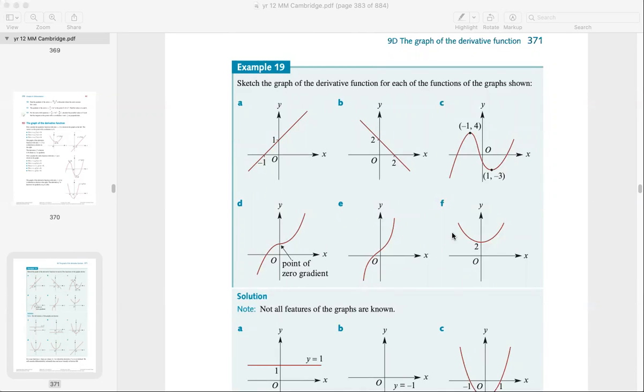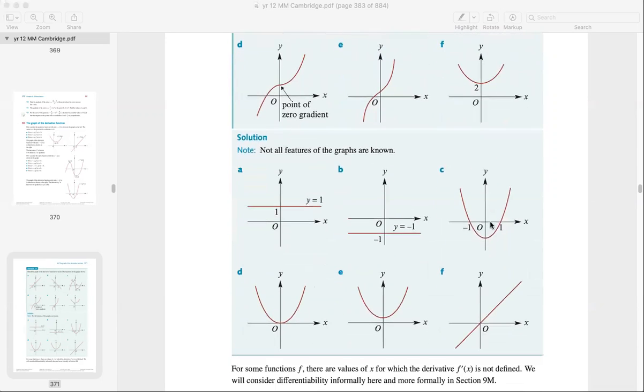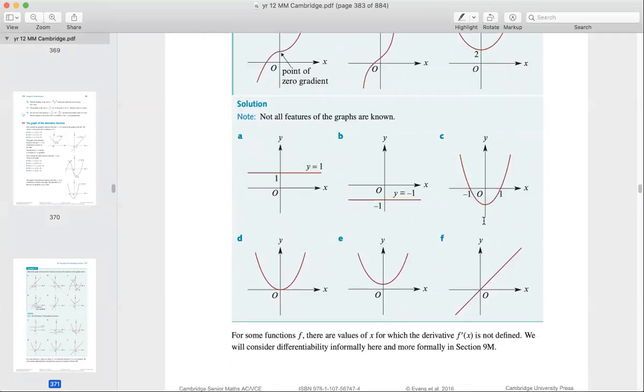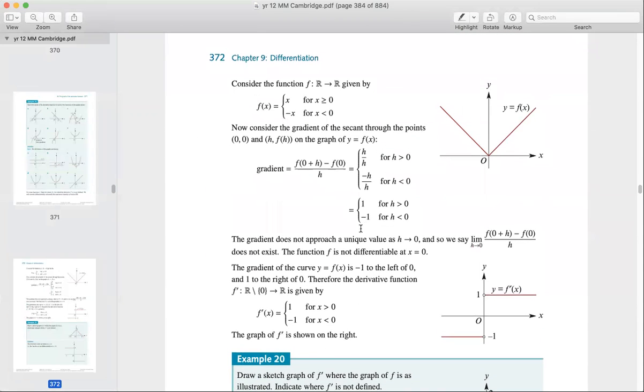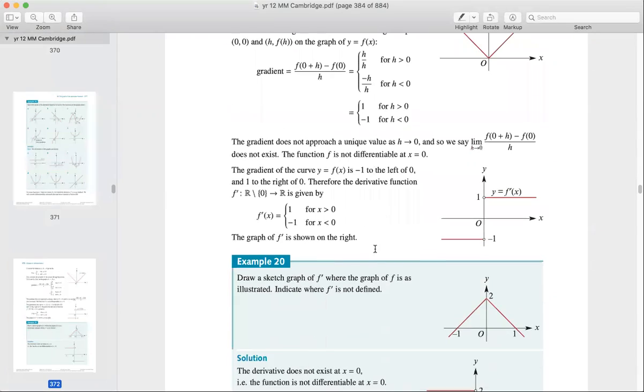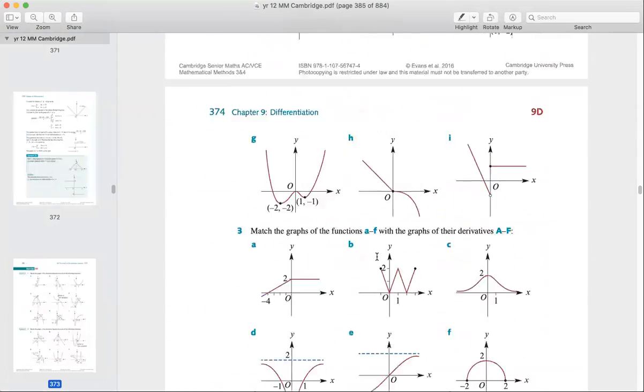And after 1, my original function starts to increase, so my derivative function is greater than 0. Okay, this is the idea I was trying to say. And also for this one, see if this function is differentiable. We're going to talk about this one more later, so let's skip this part first.